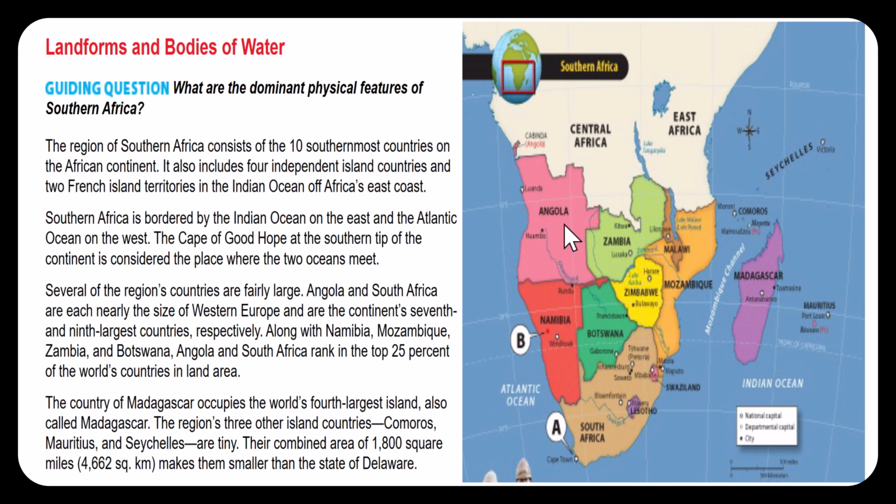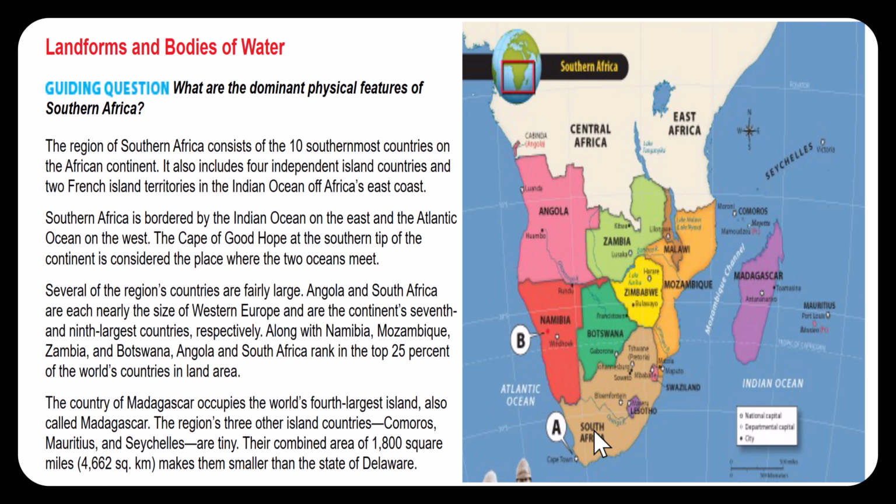Several of the region's countries are fairly large. Angola, pictured here, and South Africa, right here, are each nearly the size of Western Europe and are the continent's 7th and 9th largest countries, respectively. Along with Namibia, Mozambique, Zambia, and Botswana, Angola and South Africa rank in the top 25% of the world's countries in land area.